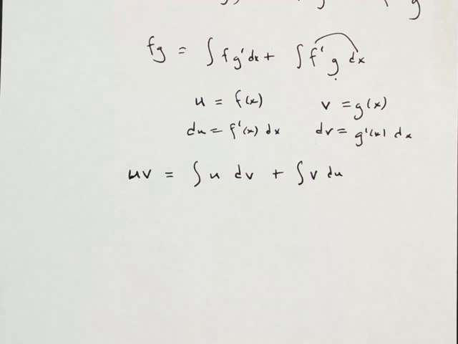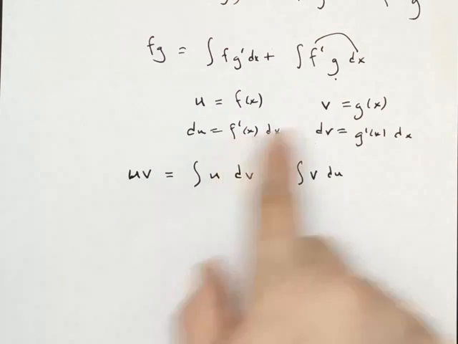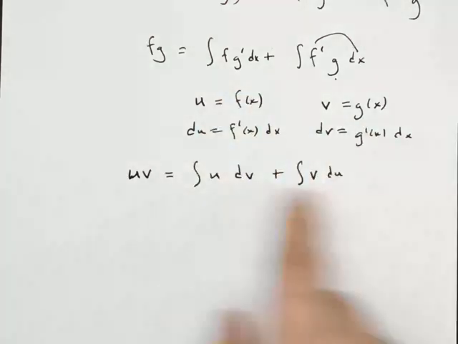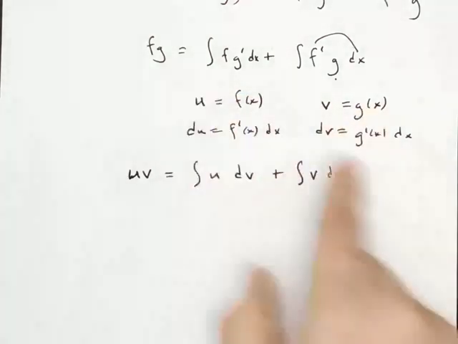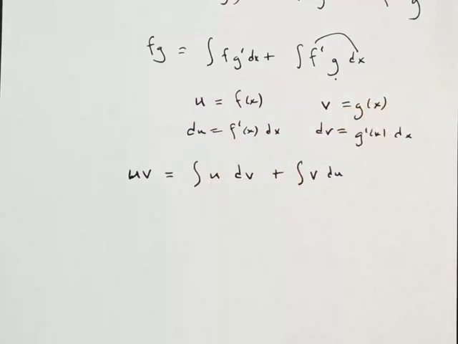Or I could look at an integral and say the two pieces I see in this integral are not related to each other, and then treat them like one of these pairs. Either that's a u and a dv, or it's a v and a du. How do I get the other stuff?